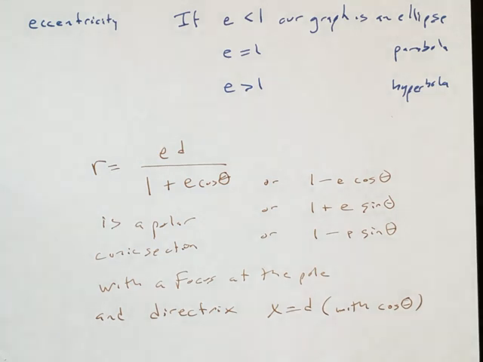Negative is going to come regardless of whether it's cosine. When it's cosine, it's going to be the plus or the minus in front of the e that tells me whether d is positive or negative. Aha, because I'll be going the other way.